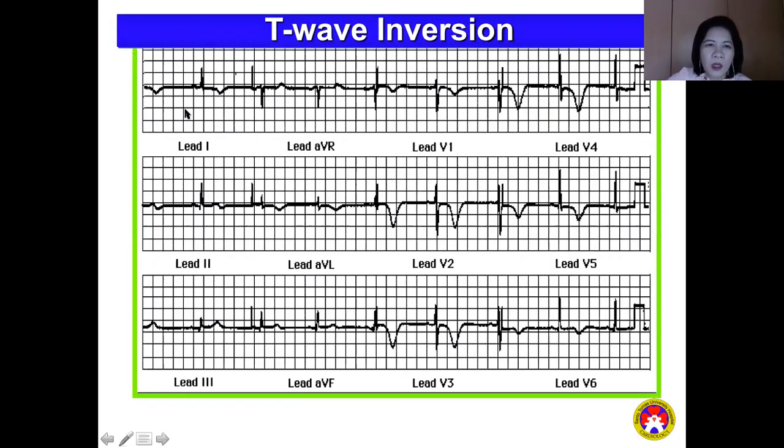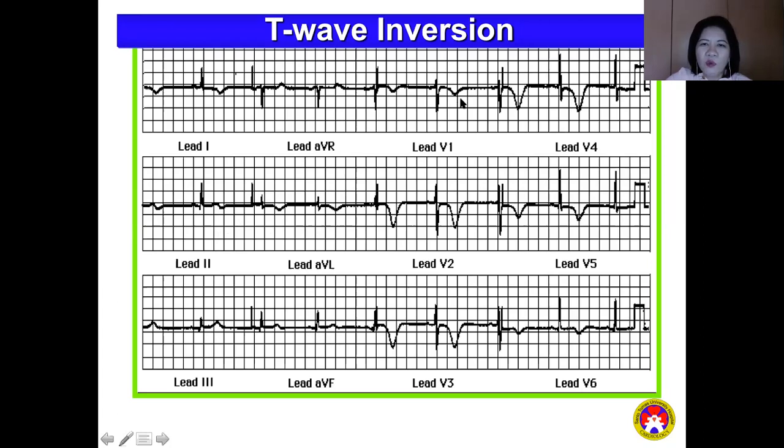So here in lead 1, you have T wave inversion. So immediately look at AVL. You also have T wave inversion. So this is lateral wall ischemia. But in lead 2, lead 3, and AVF, no ST-T abnormalities.